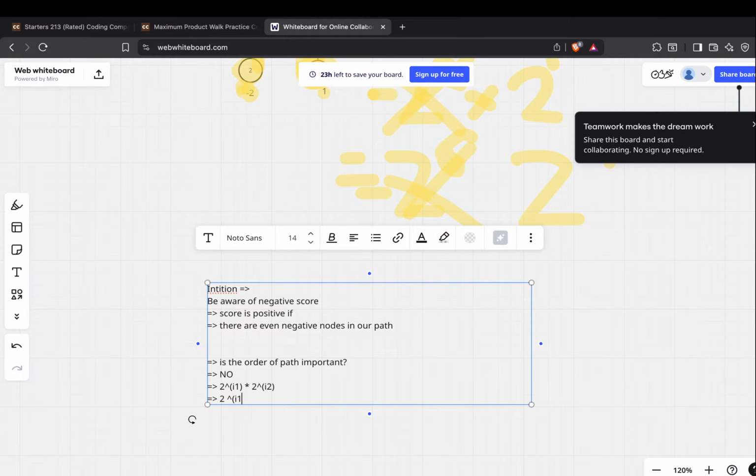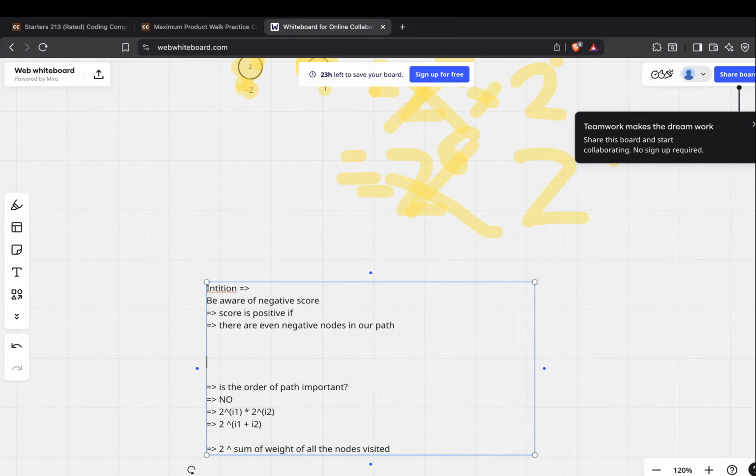Okay, so this can be said as I1 plus I2. Now write I1 before or write I2 before, it does not matter. All right, so our final answer would be equal to 2 to the power sum of weight of all the nodes visited. And of course, we would like to visit even number of negative nodes so that our score is positive. So no need of considering sign in that case.